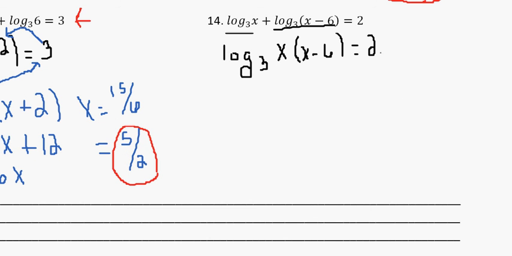equals 2. And again, I don't have a logarithm on both sides of my equation, so what I have to do then is turn this logarithmic equation into an exponential. So I have 3 to the second power equals x times x minus 6.